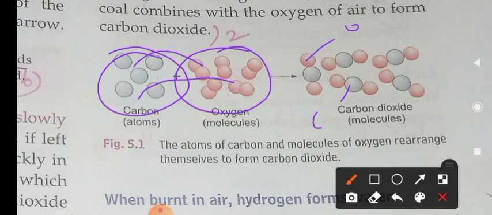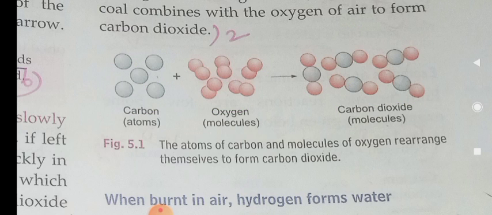The carbon atoms get arranged with the oxygen, and the compound carbon dioxide is formed. Do you understand, children? So, the atoms of the reactants rearrange themselves in the chemical reaction. Hope you have understood this concept well, children.